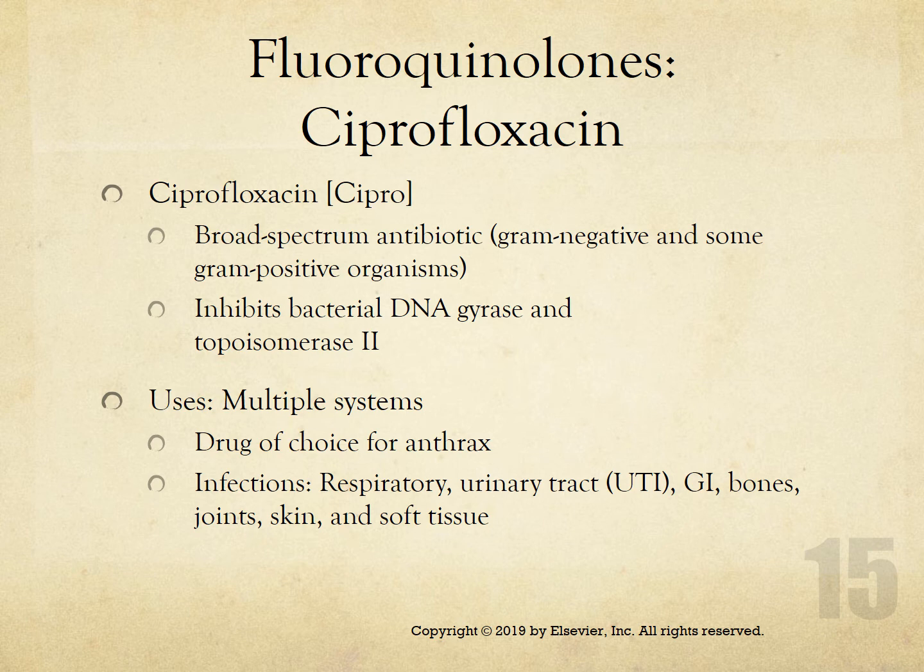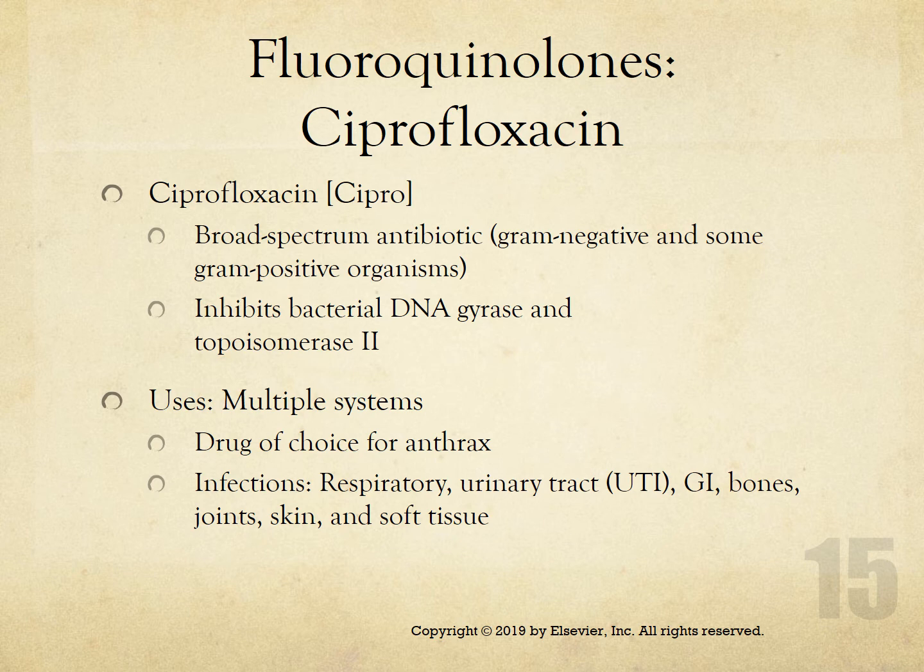So under the fluoroquinolones, you have Cipro or ciprofloxacin. It is a broad-spectrum antibiotic that covers gram-negative and some gram-positive. It works by inhibiting DNA replication. It's used for many different infections.